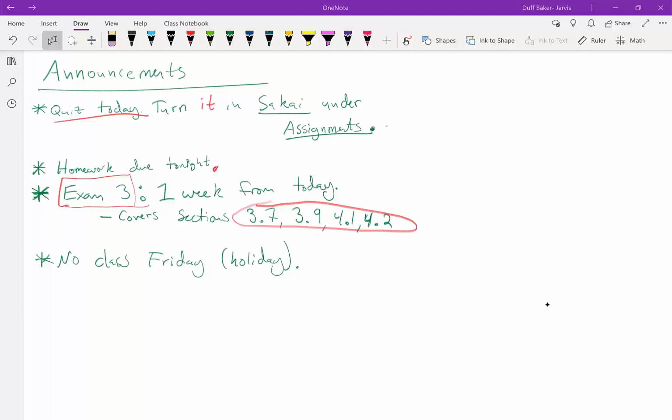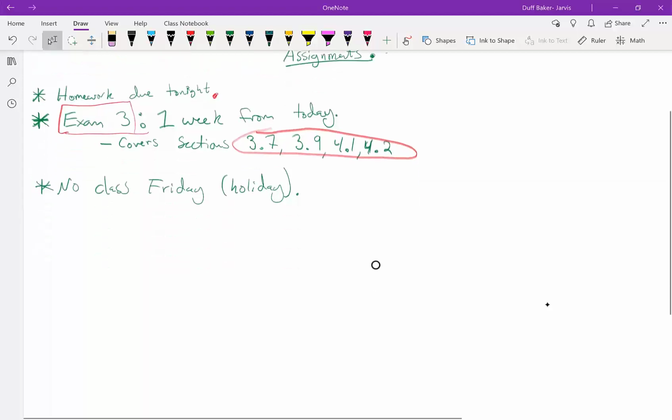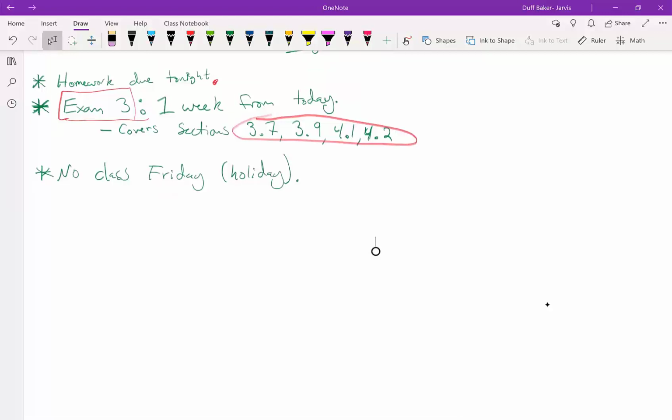So to get us started, let's think about an example like this.